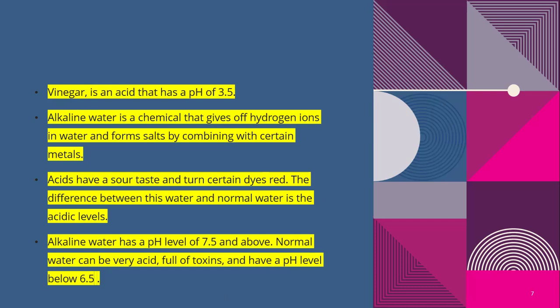So alkaline water, as I mentioned in the second bullet, gives off hydrogen ions, therefore it is slightly acidic. Alkaline water has a pH level of 7.5 and above. Normal water can be very acidic, full of toxins, and have a pH level below 6.5.